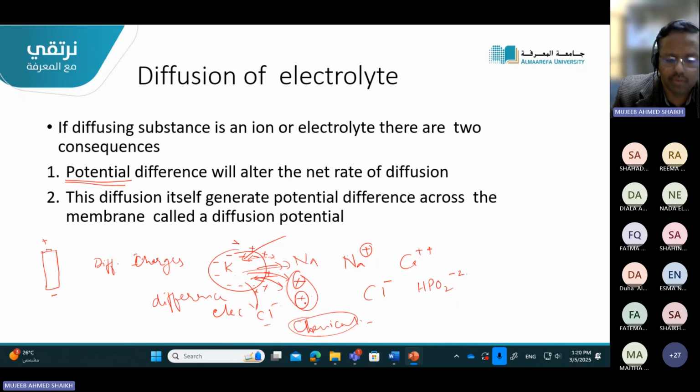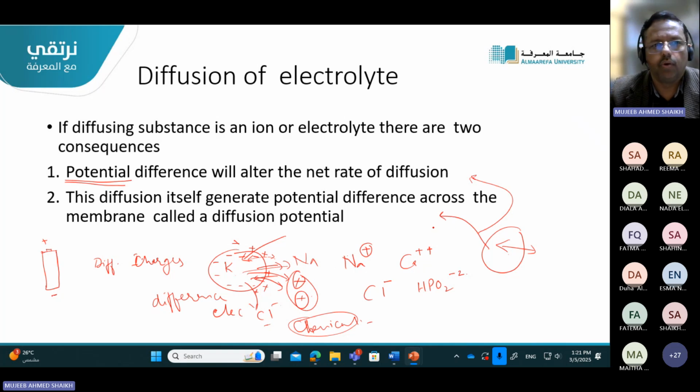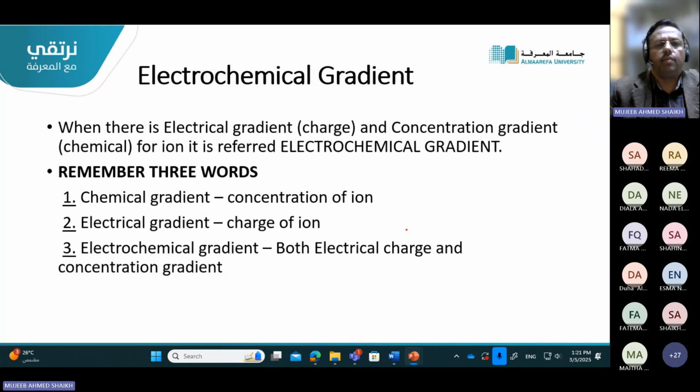These are the two possibilities whenever any substance moves in or out of the cell. It will lead to either chemical change or electrical change. It will create a difference in the chemical substances inside or outside the cell, and it also creates a difference in the electrical charges inside and outside the cell.